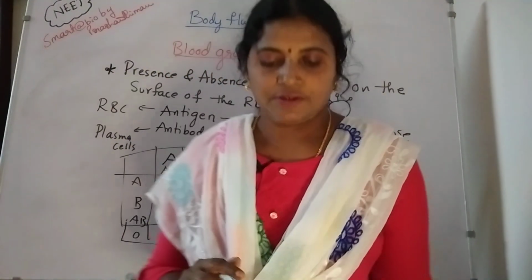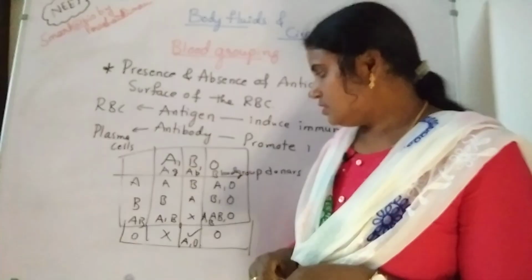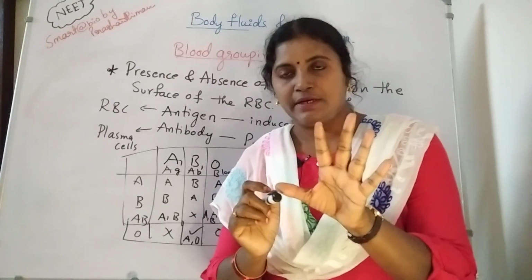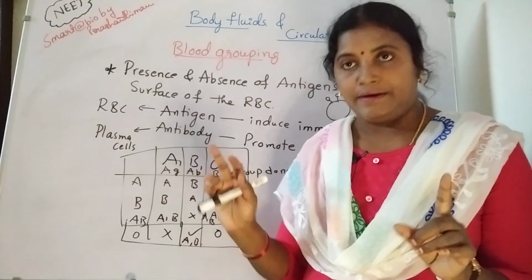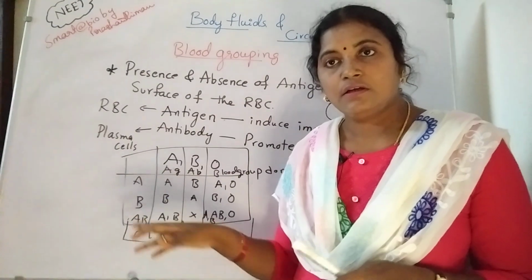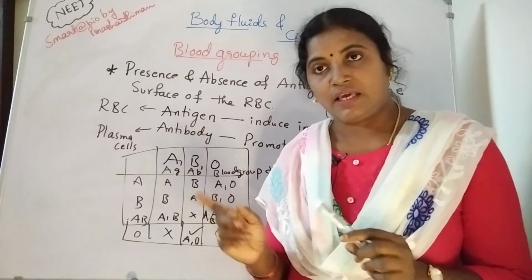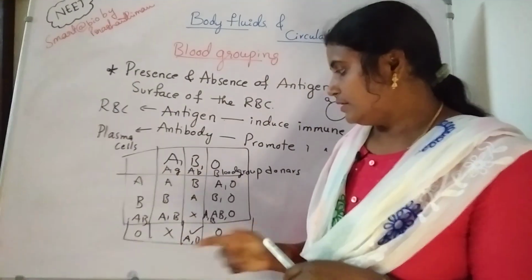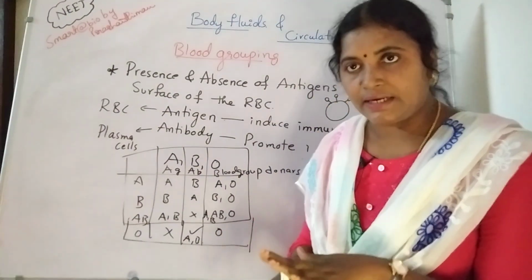So very simple blood grouping here based on the presence of antigens. So an A blood group person definitely contains the A antigen, B contains the B antigen, and AB contains both A and B antigens on the red blood cell surface. And then O does not contain any antigens, it contains only antibodies.